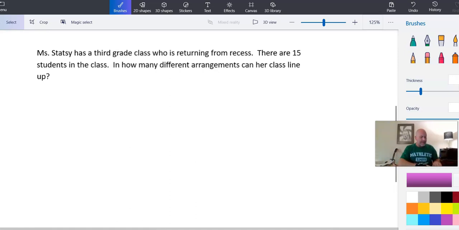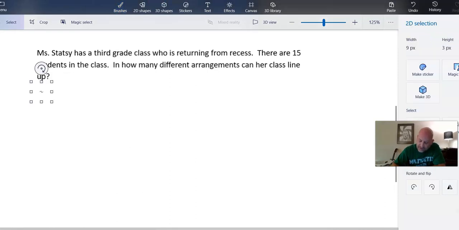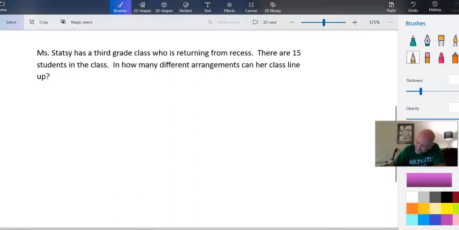So let's see what we got here. We got 15 students, and we're talking about how many different ways they can line up. And this is using all of the students, right? It's all 15 students. Every swapping of 2 students would be a different way to line up. So order matters. So that's the first thing to notice, is that order matters.